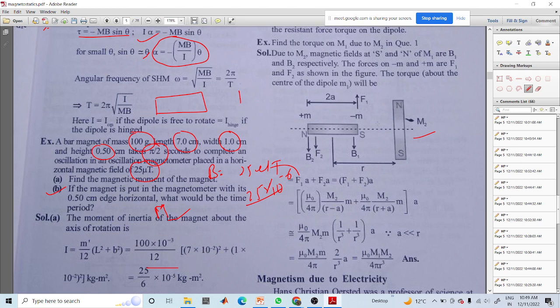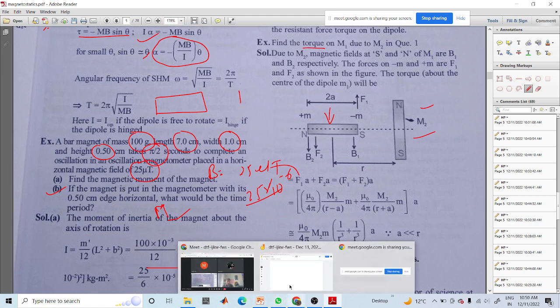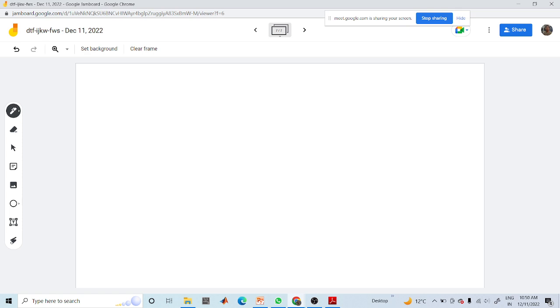We have to calculate torque on m1. That means in this one we have to calculate the torque due to m2. Okay, this thing is clear. Now come to the whiteboard so that you can understand better.